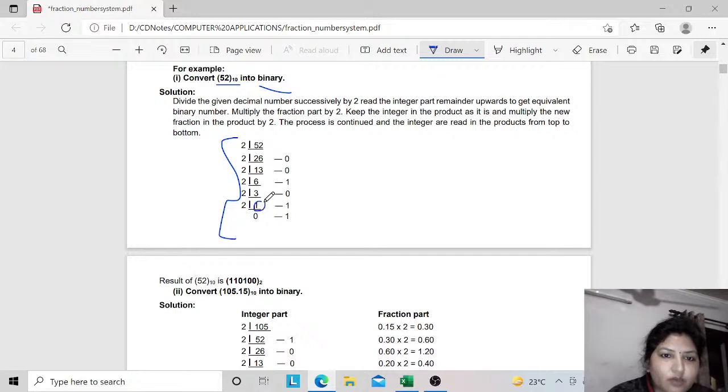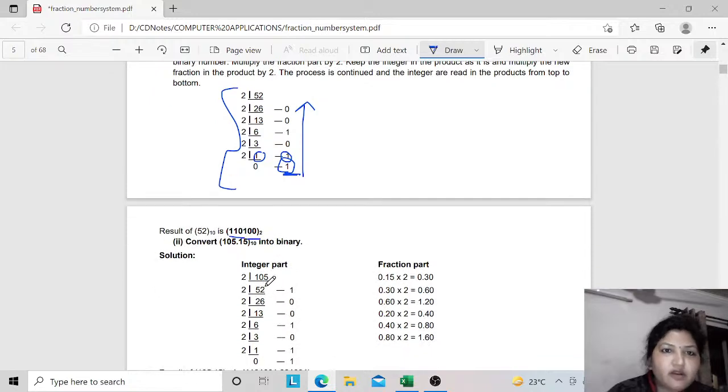Then whatever remainders come, you go from here to here. This is my most important bit. So here we will write 110100.